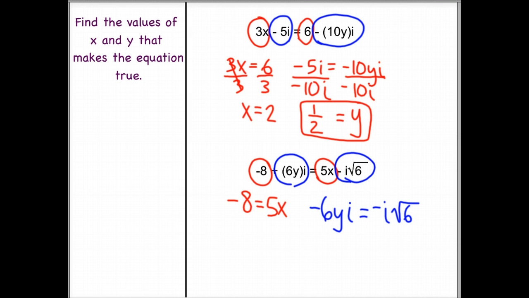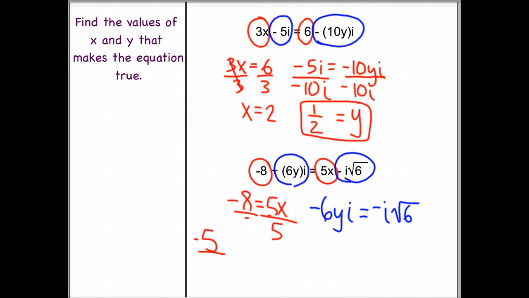Now what we're going to do is start off with the one on the left. We are going to divide each side by 5 so that we can get x by itself.